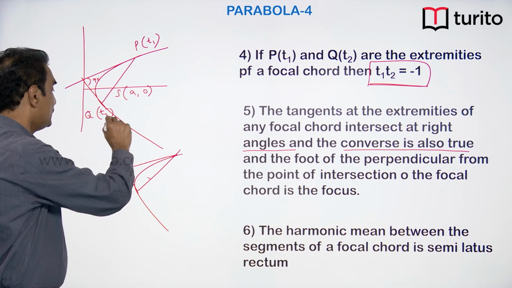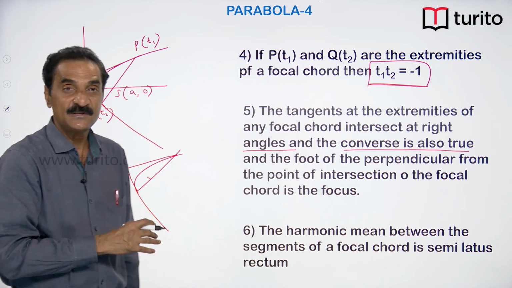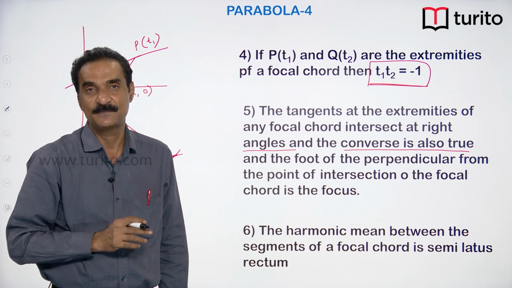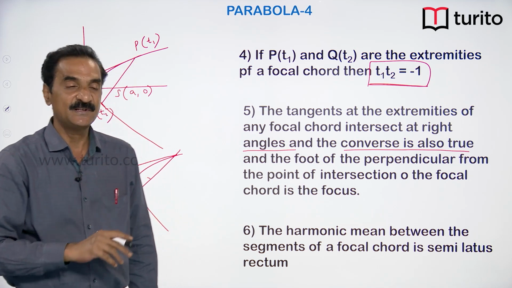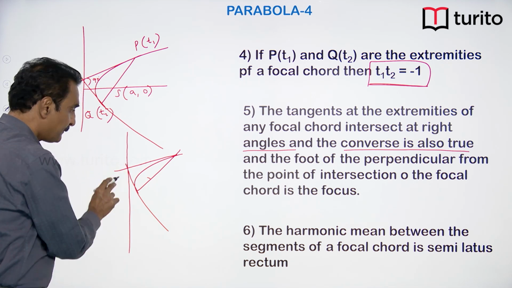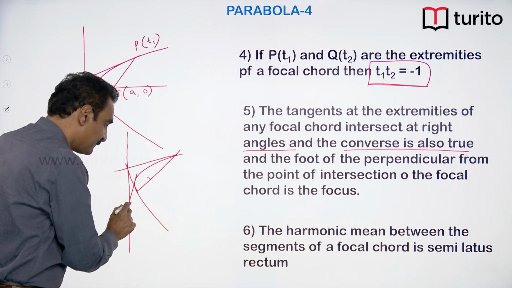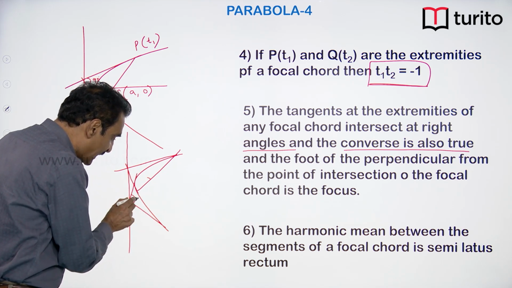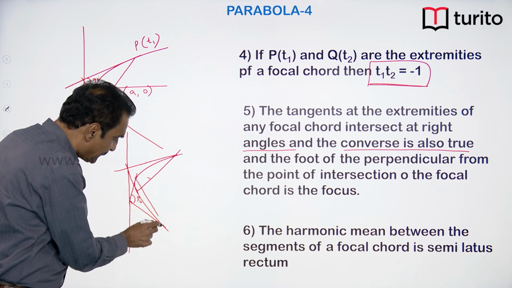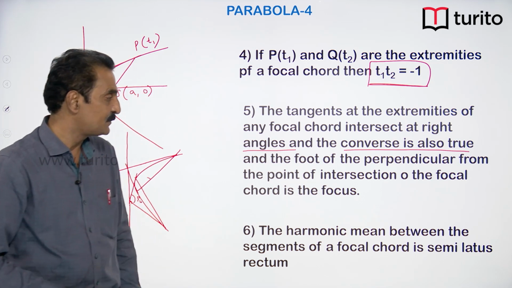So here, tangents at the extremities of a focal chord intersect at right angles to each other on the directrix, or the converse is, from any point on the directrix, take any point, draw tangents to the parabola, then those two tangents will be perpendicular to each other and the line joining the points of contact will be a focal chord. You have to remember all these points.